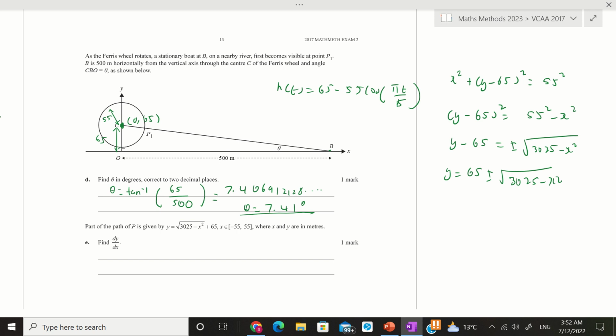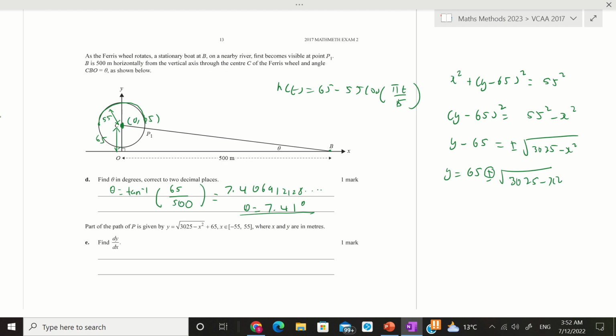So when we talk about 65 plus that, we're actually talking about the top half of this circle. And conversely, 65 minus that will be the bottom half of the circle. So when it tells us this, that tells us that we're only considering the top half of this circle.